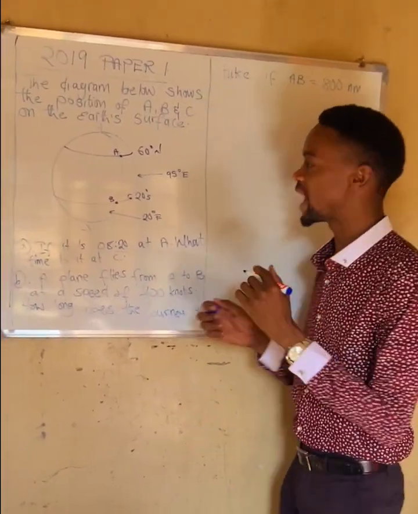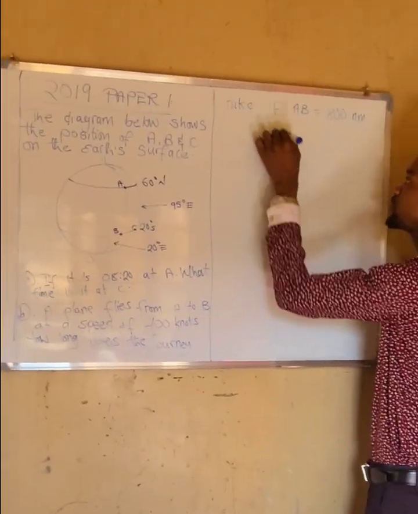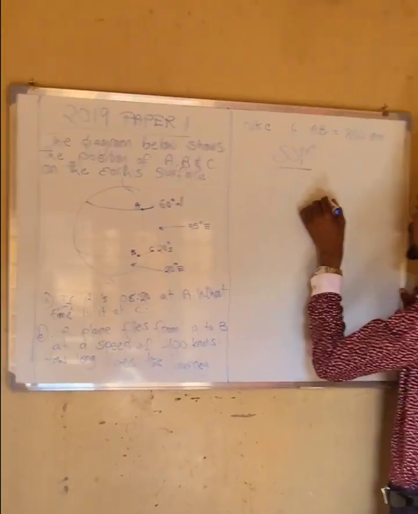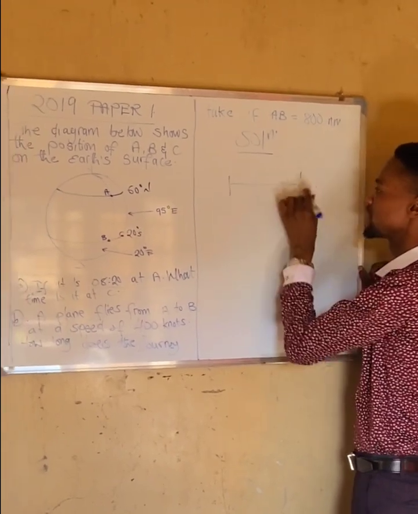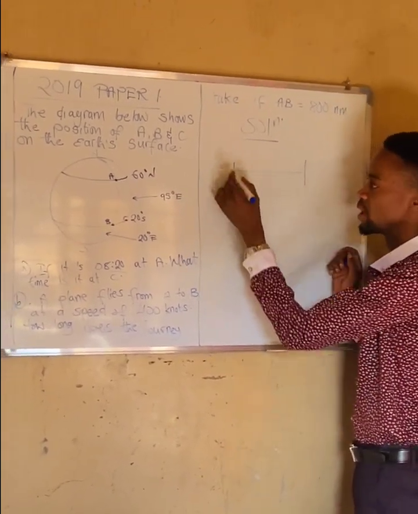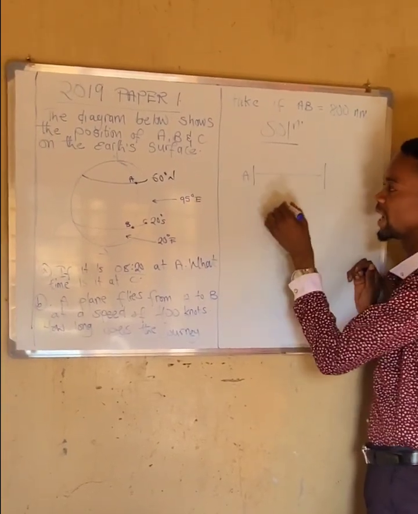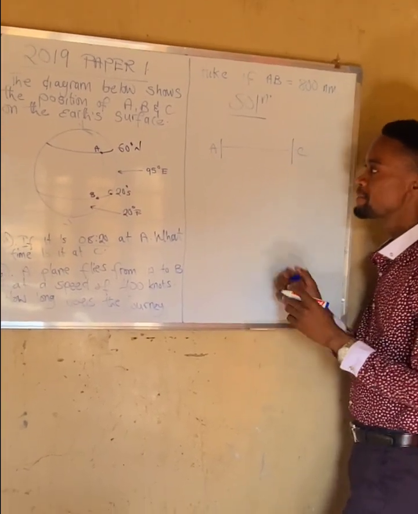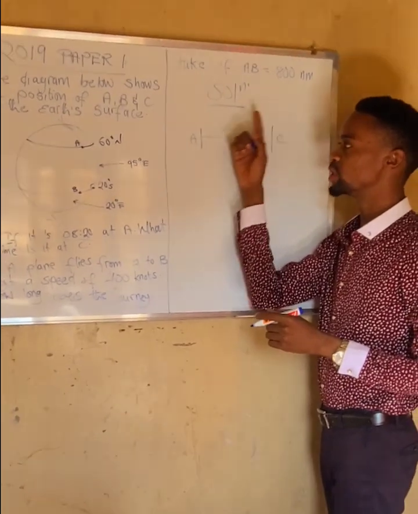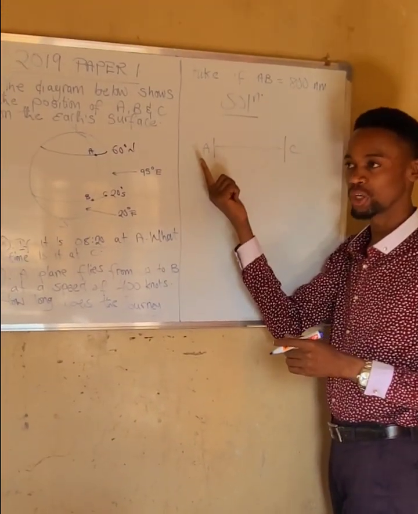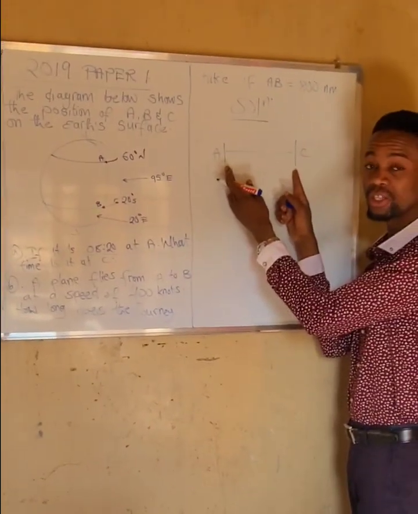Okay, so to do that, we first have to come up with something that looks this way. We are having two places we're comparing their times with. The first one is point A and the other one is point C. These two points on top, we're going to put the longitudes, and right down here we'll be putting the time.